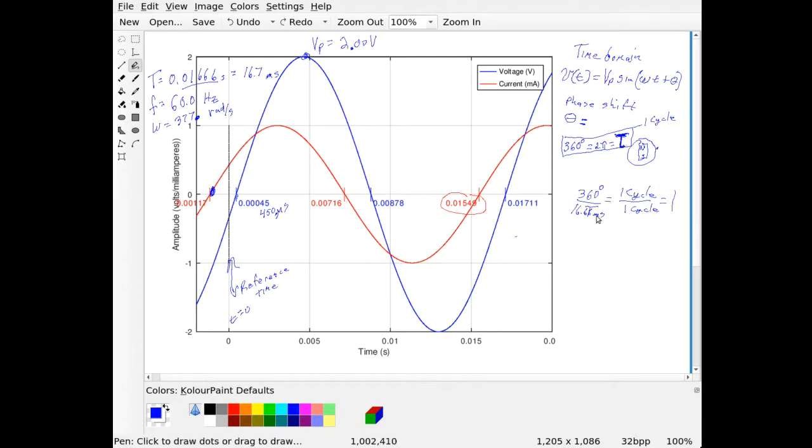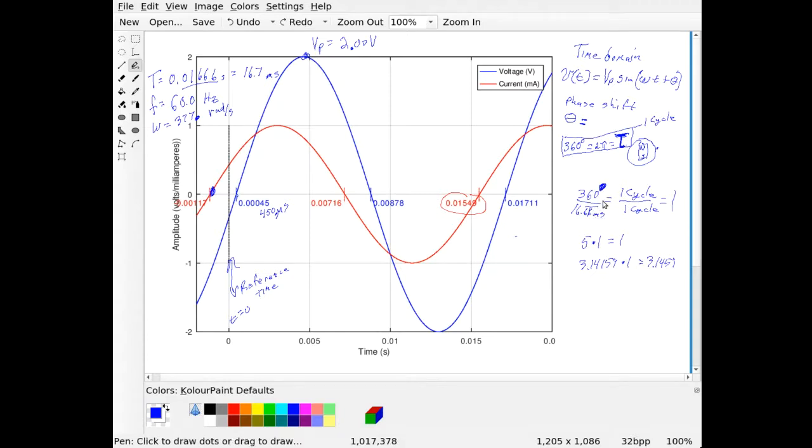Remember, if you multiply a value, say 5 times 1, that's equal to 5. If you multiply 3.14159 times 1, you get 3.14159. So all we're going to do here is change units, from time in milliseconds to degrees.